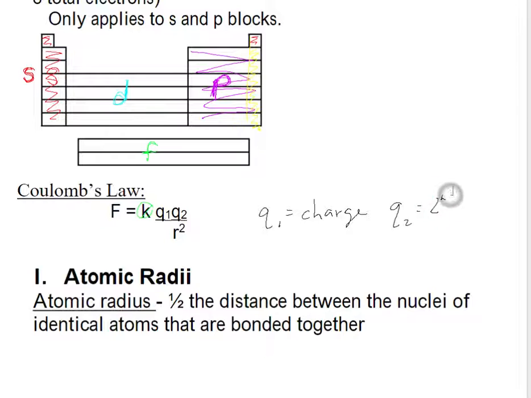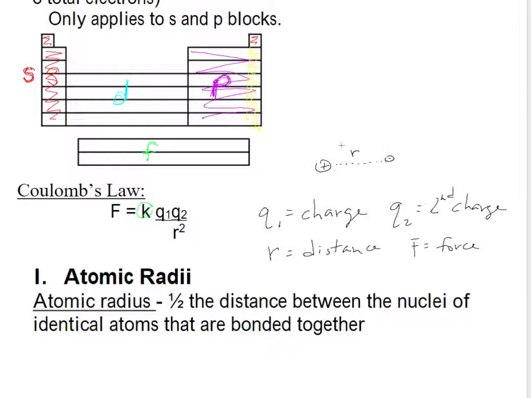Q2 is a second charge. So any charged particle, it's usually a proton and an electron, but it does not have to be. R is going to be this distance between them. So R is the distance between those 2 charges, and then F, of course, is the force.